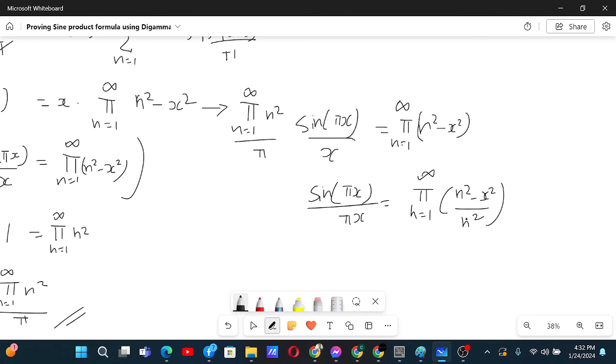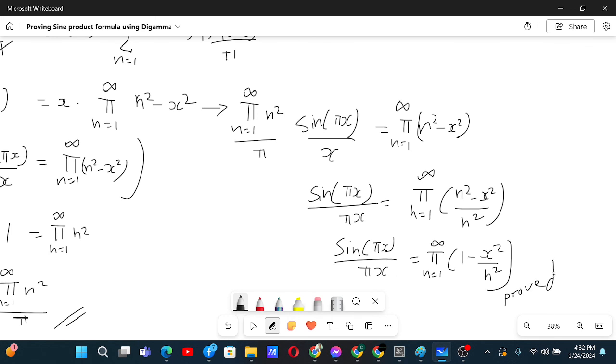And now when we divide, we get the sine product formula from the Digamma function, which gives us the product from n equals 1 to infinity of 1 minus x square by n square. This is the answer, and so we have proved the sine product formula.